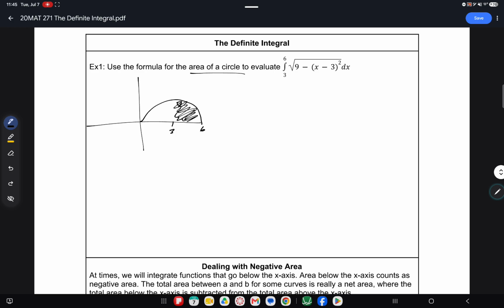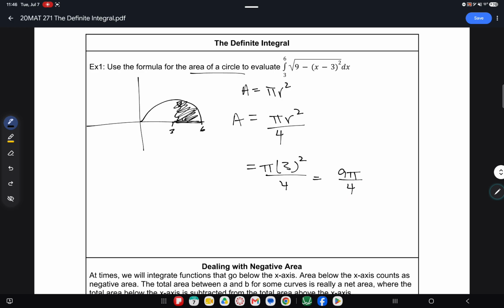And because 3 is right in the middle, and this is already a half circle, so the area of a circle is pi r squared. But I have half a circle already, and then I want half of that half. So really what I want is a quarter. So pi r squared divided by 4. And in this case, our radius is going to be 3. So pi times 3 squared over 4, which is just going to be 9 pi over 4.